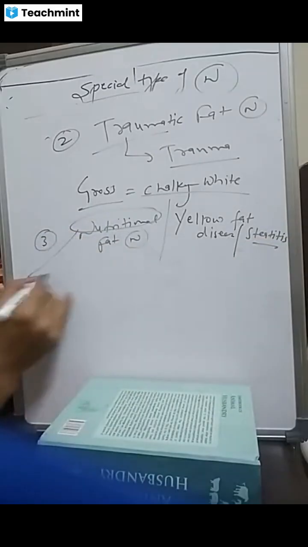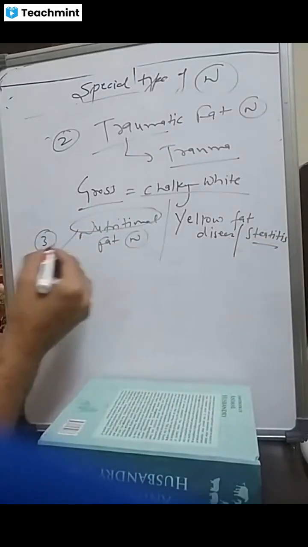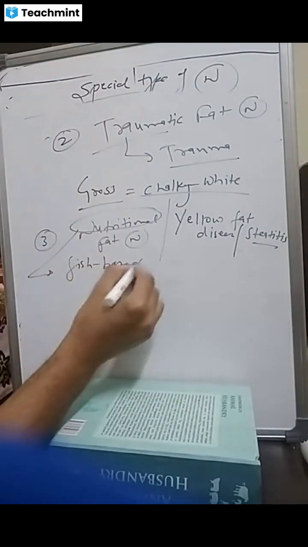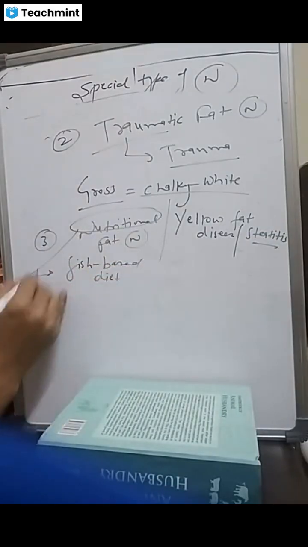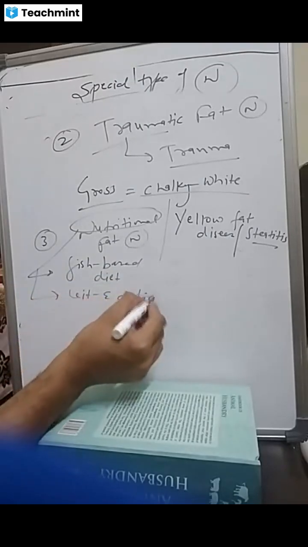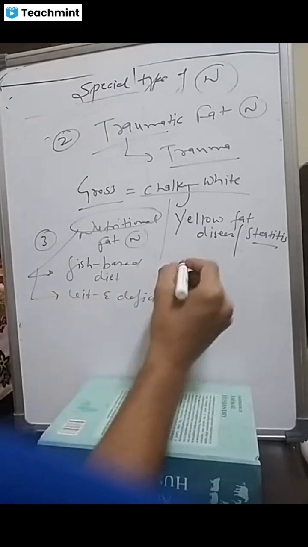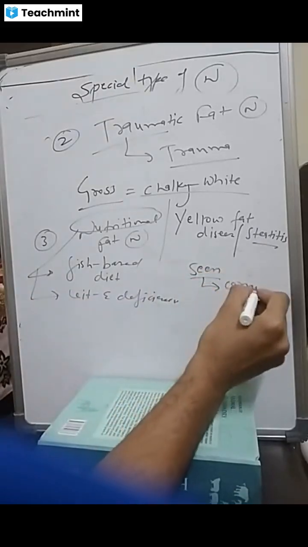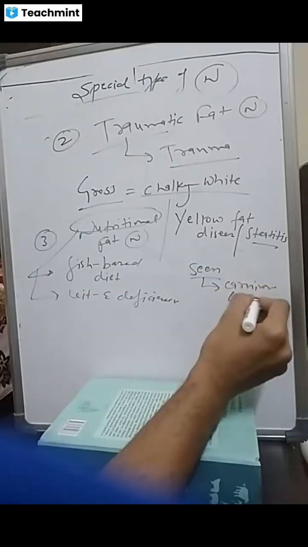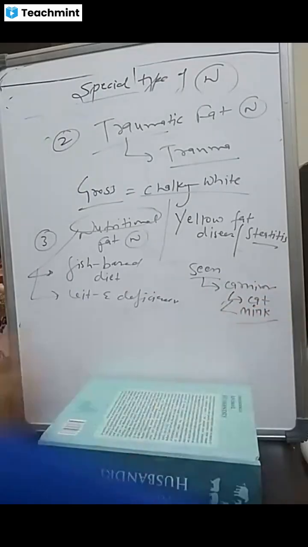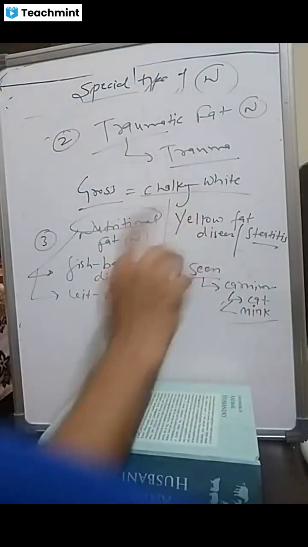Which nutrition? Fish-based diet, vitamin E deficiency, and it is seen in carnivores like cat, mink. The gross features are chalky white.